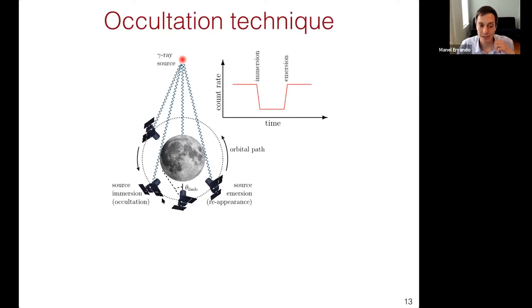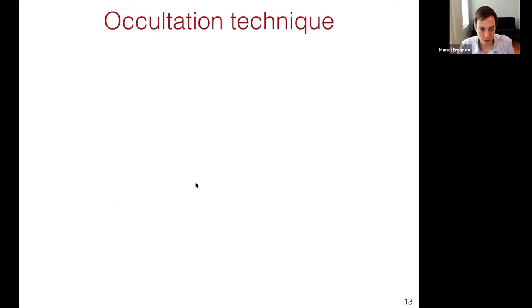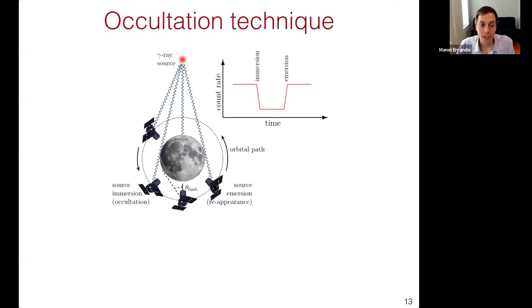Then as the orbit continues, at some point the satellite would emerge from behind the moon and see the source again, and the rate of gamma ray events would immediately increase again.